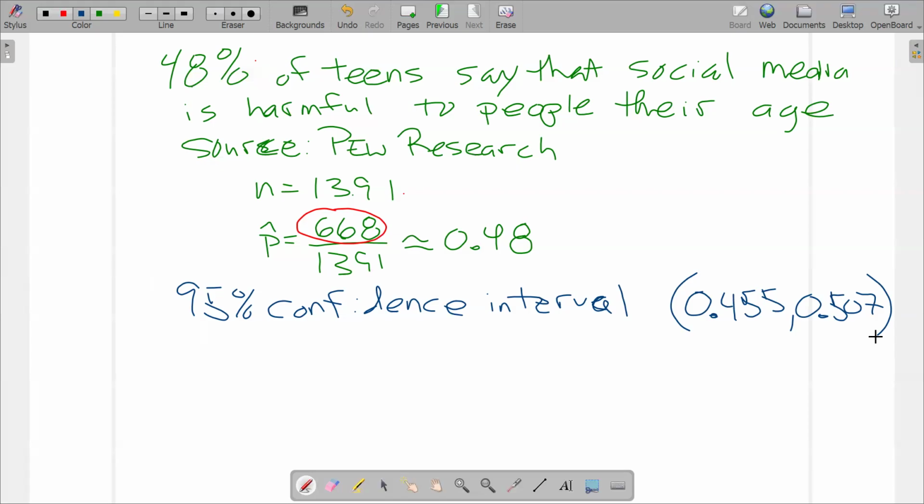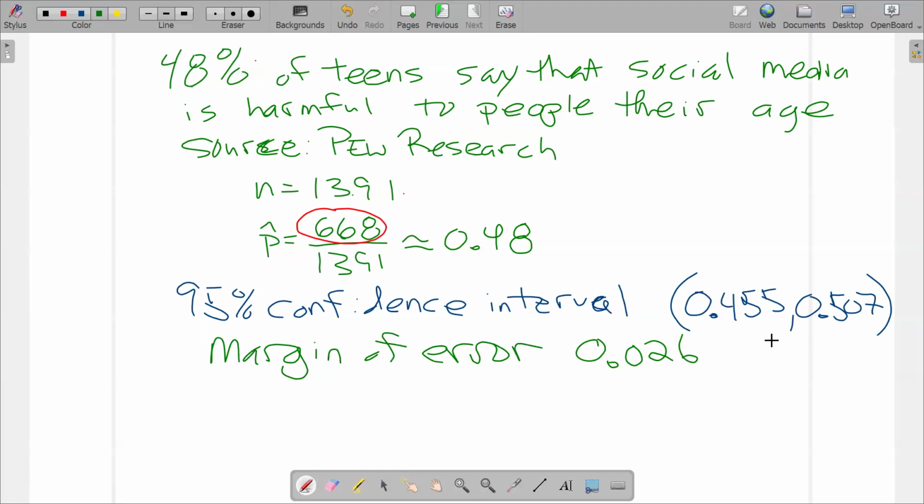Okay. Based on that confidence interval, we calculated a margin of error of 0.026. And at the moment, we have two ways to do that. We could ask StatKey to put 95% in the middle, and then do quick arithmetic based on the confidence interval: high minus low over 2.